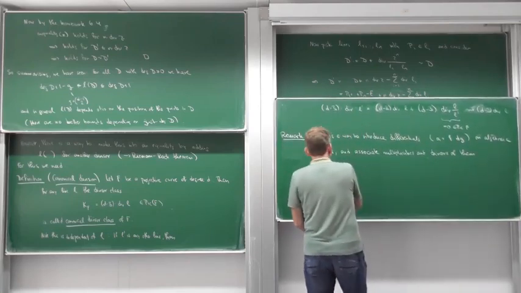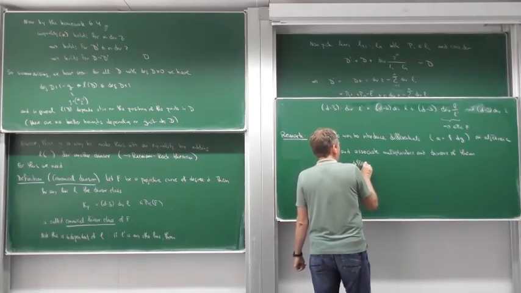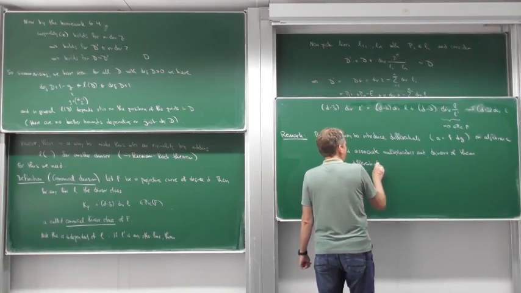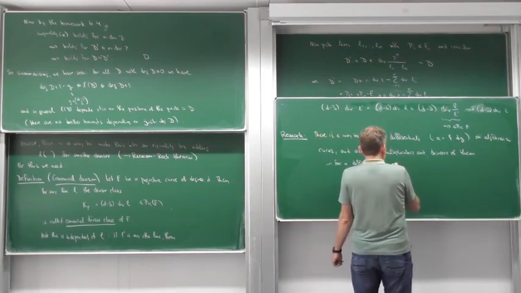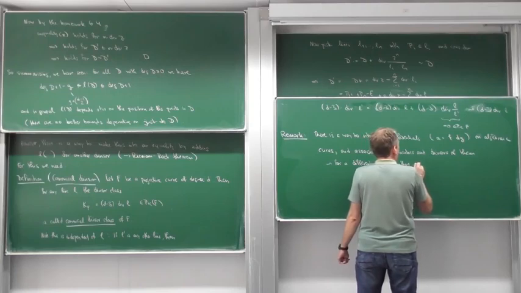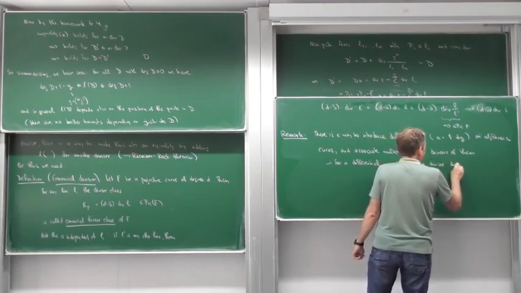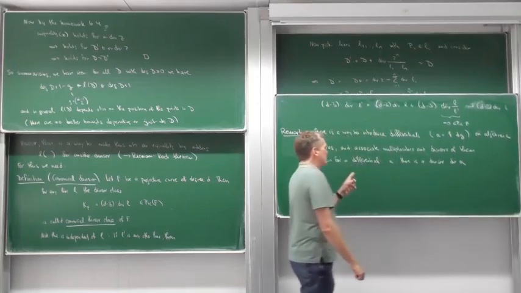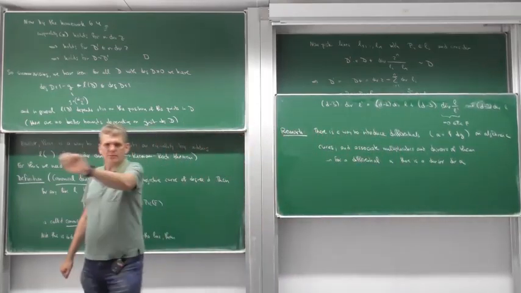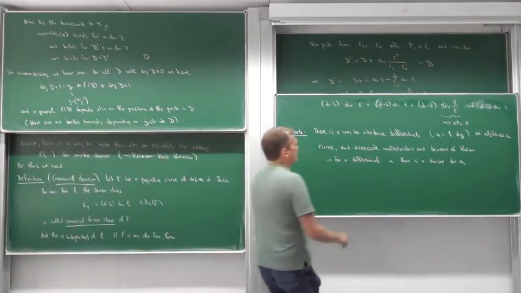What it means for a differential alpha of this type: there is a divisor of alpha in the same way as before, and then you sum over all the points and check what the zero and pole order is of this differential form at this point.